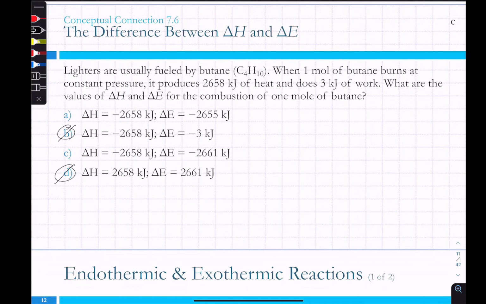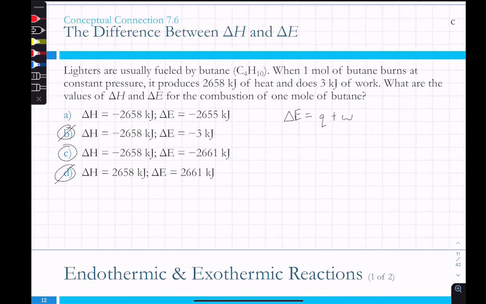Maybe I should write this, right? So delta E is equal to Q plus W. So if the system is doing work on the environment, is that positive or negative? Yeah.